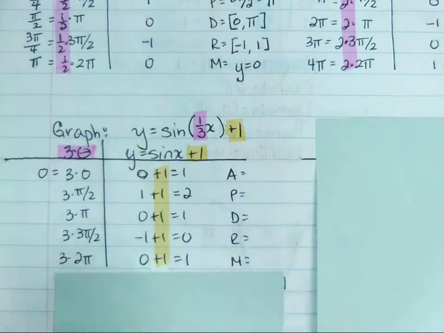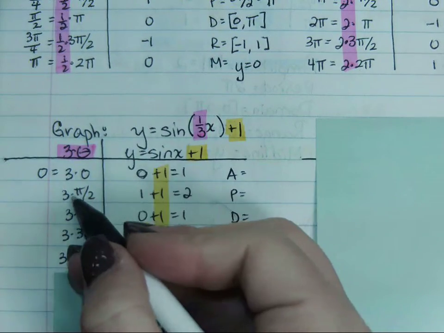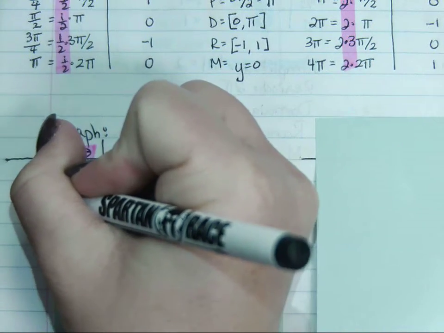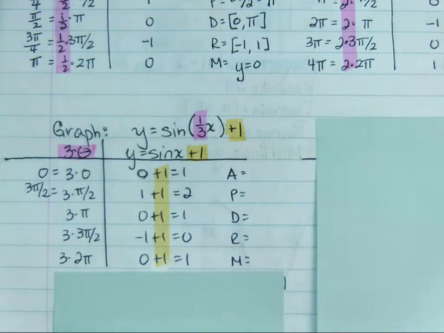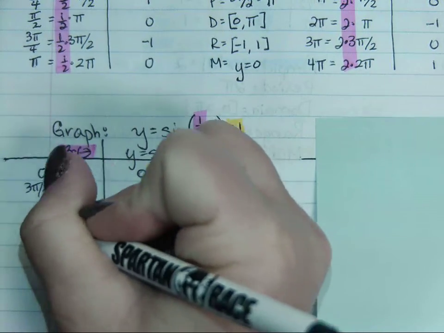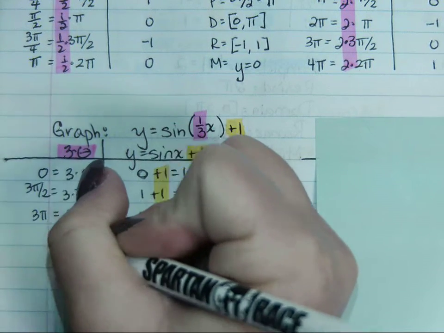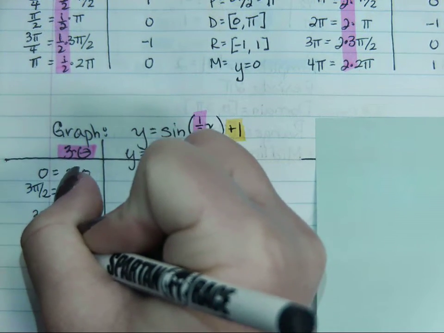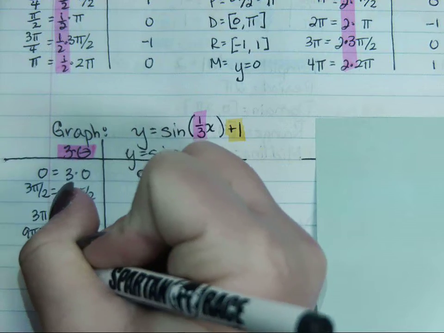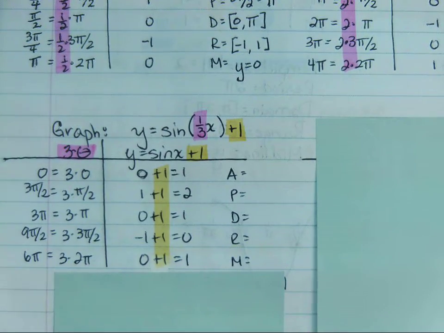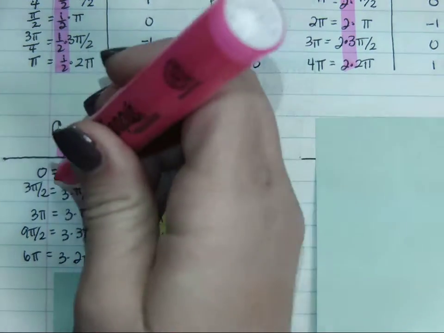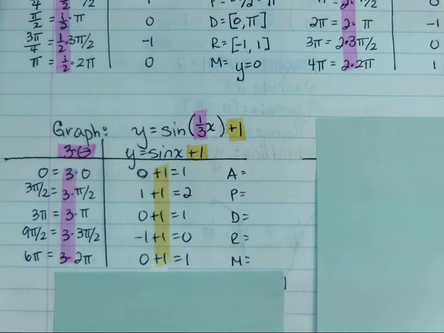So 3 times 0 is 0. Now when I multiply these across, I get 3 pi over 2, and then 3 pi. And then here is 9 pi over 2, and 6 pi. And so this is going to be my new placement of my x's.